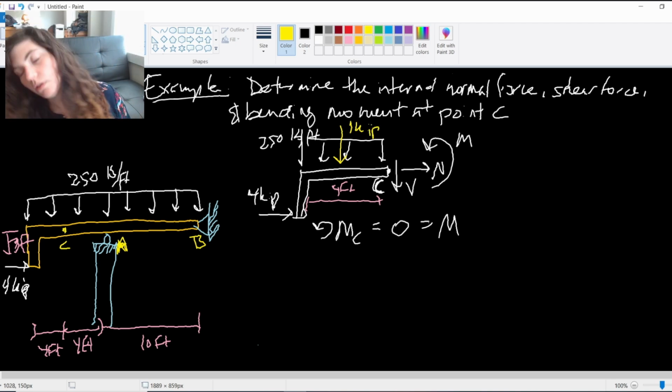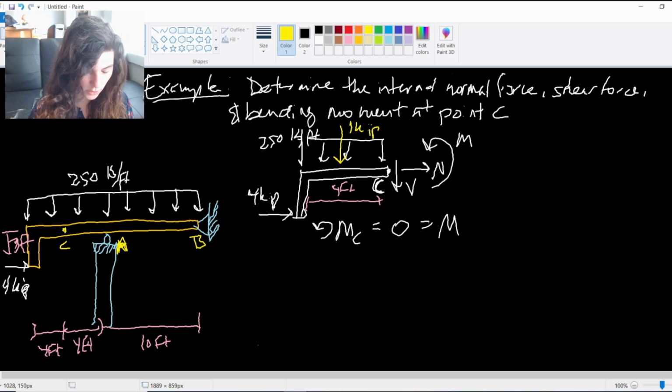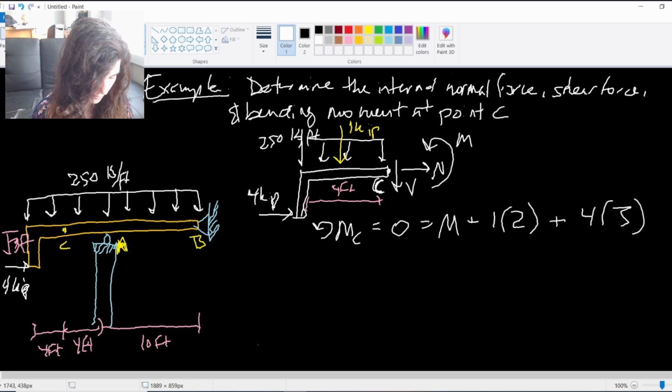Times its distance away, which is 2, since it's halfway between the 4. So that'll be a plus 1 kip times 2 feet, plus my 4 kips times 3 feet. This distance here is 3 feet.